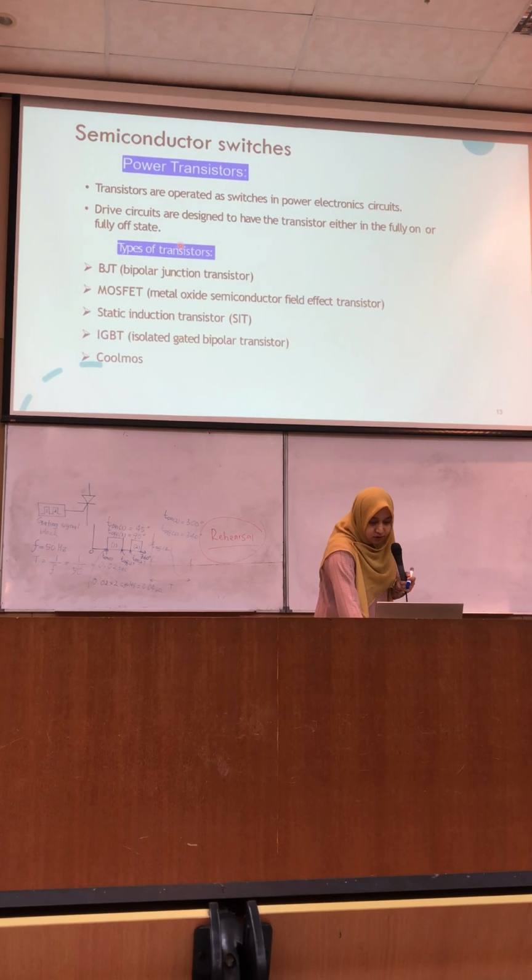Right. So we go for the family number 3, which is the transistor. Okay, so for transistor, we have a few types of transistor. We have BJT, bipolar junction transistor. We have MOSFET, which is metal oxide semiconductor field effect transistor, SIT, IGBT, and CoolMOS.